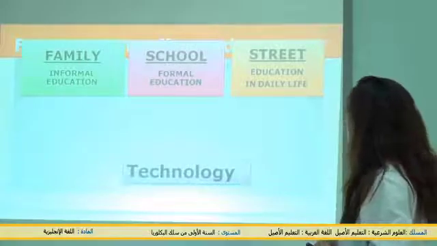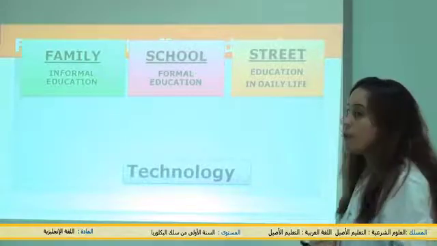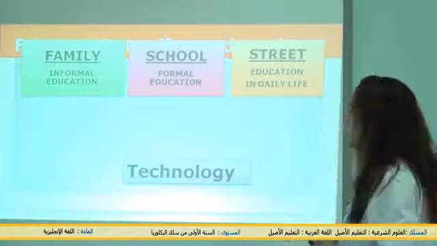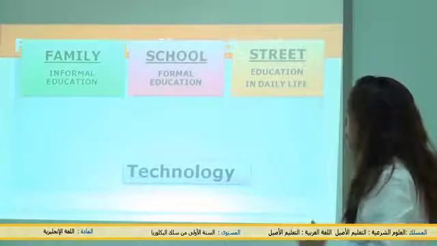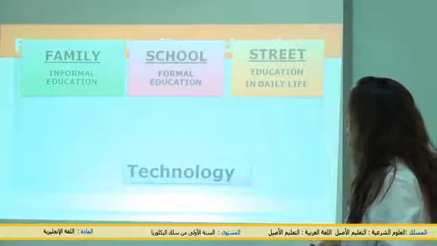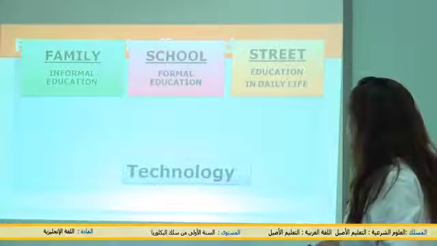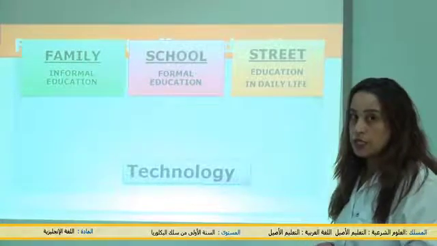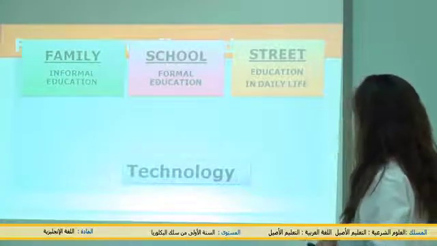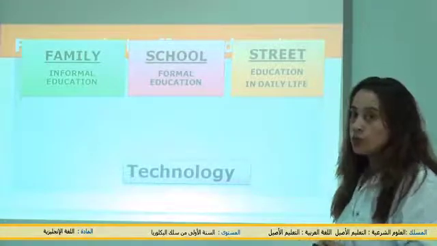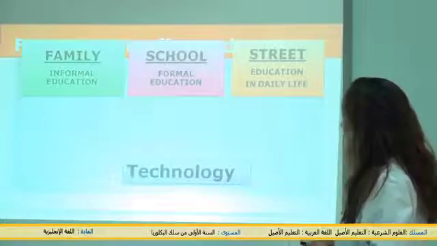We can also get education from our daily life through playing, for example, as we have seen with the previous pictures. Kids can learn new skills and new experiences from their classmates. So this is also a very strong source of education.